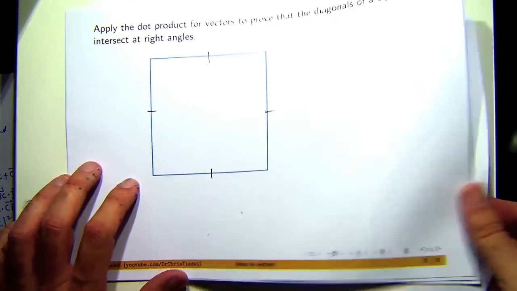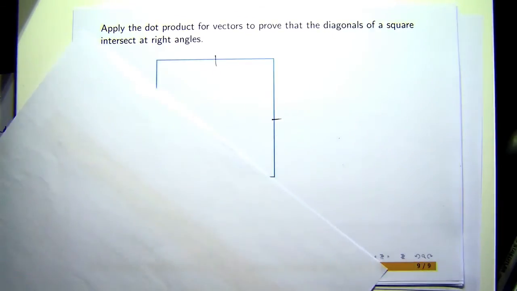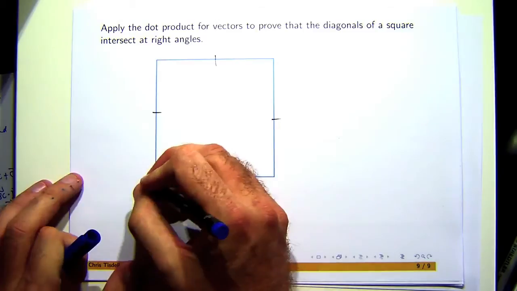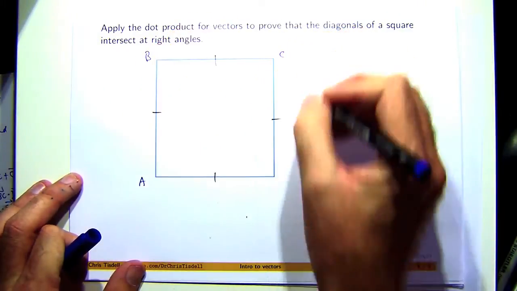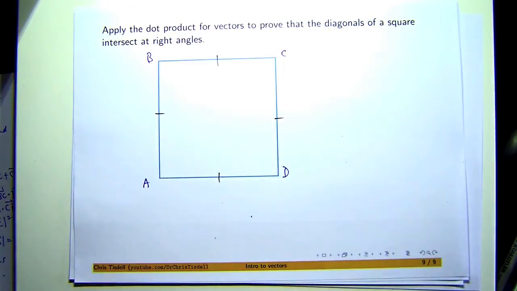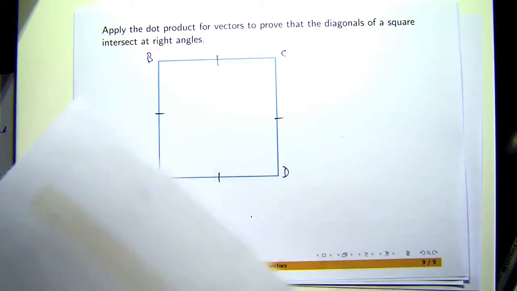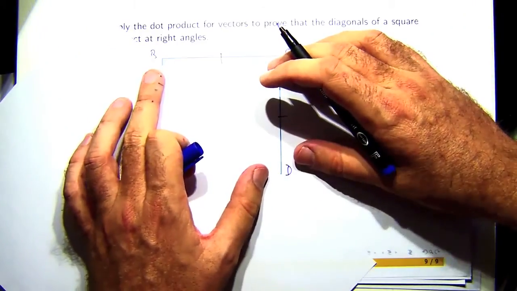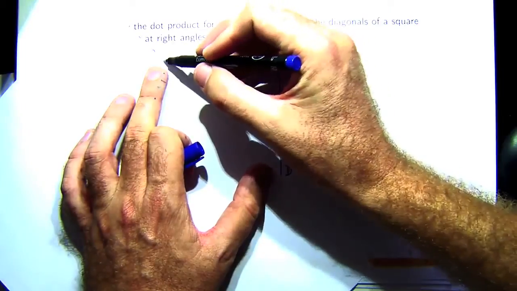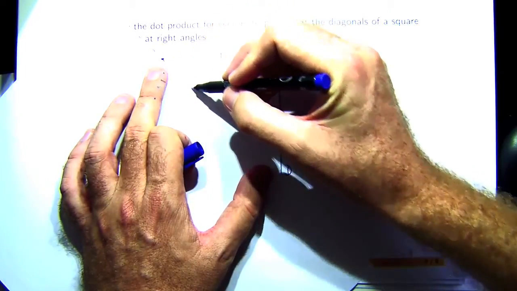Let's just label our corners first. Say A, B, C and D. And what I'd like to do, let me draw in the diagonals. Let's see if I can do that.